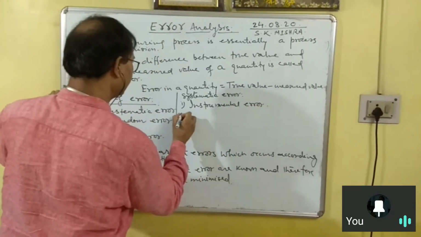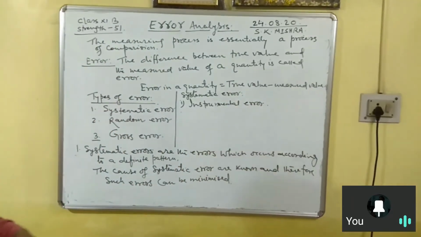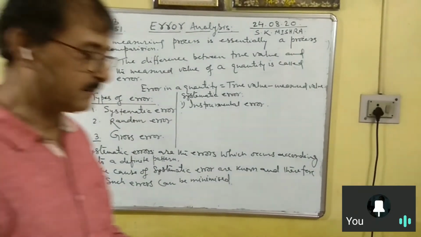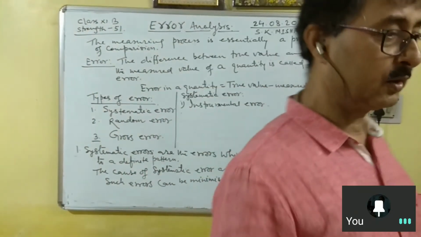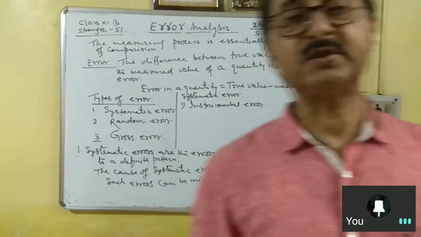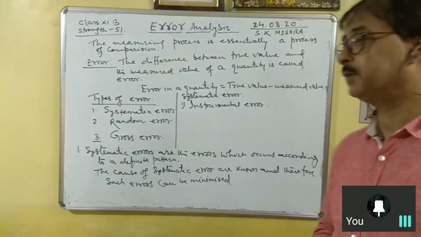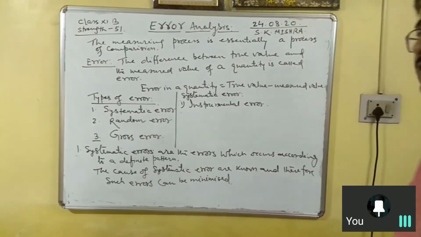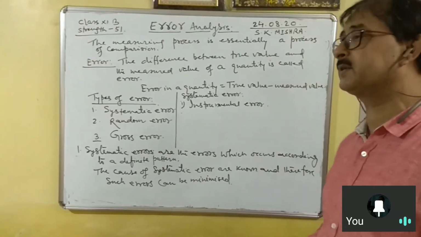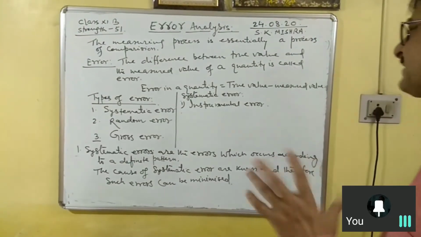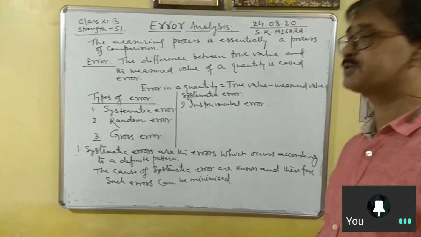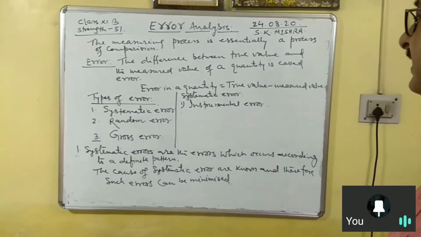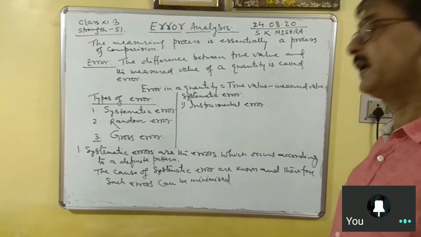Now what is instrumental error? You might have heard about zero error, backlash error. So these are the errors due to imperfect designing of the instrument. That is a manufacturing defect. So while manufacturing the instrument, there may be some error in the instrument. That error is nothing but instrumental error, like calibration.